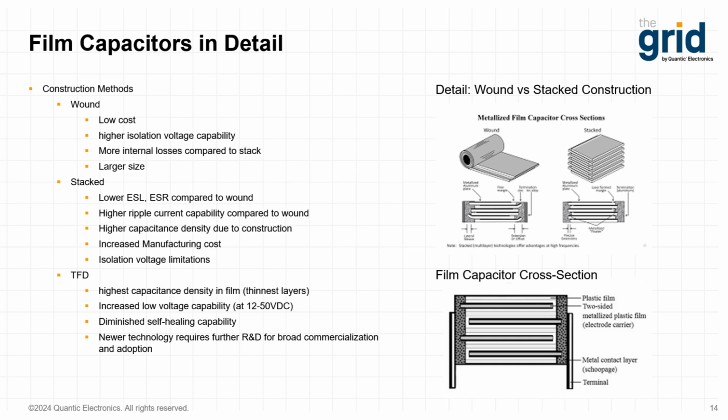Although there are serious advantages to this design, there are increased manufacturing complexities and costs, as well as voltage limitations due to the way that the electrodes are terminated, although there are some ways around this.